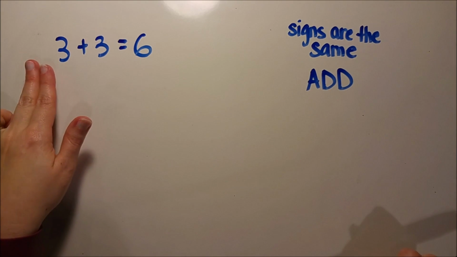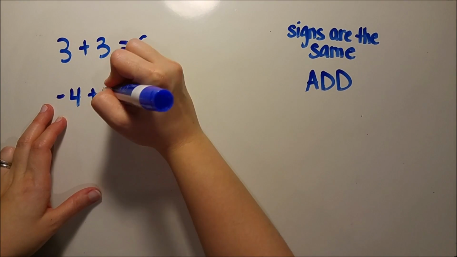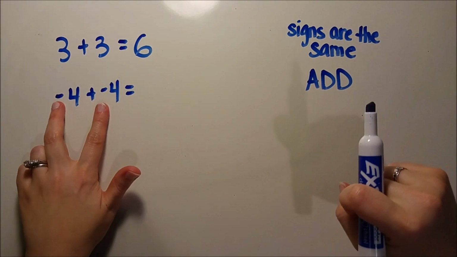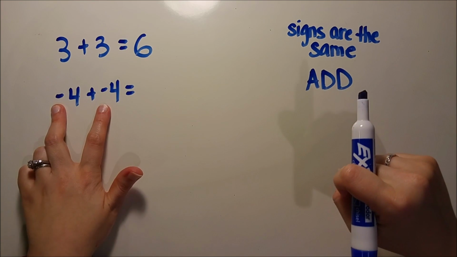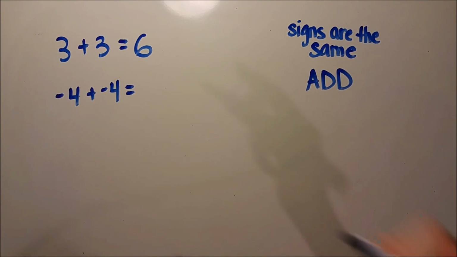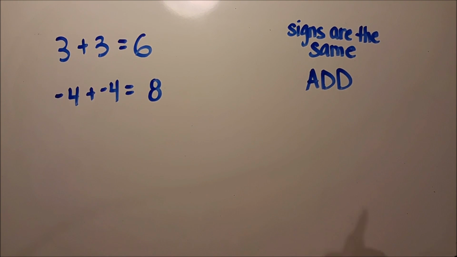Okay, now if we had -4 plus -4, these signs are the same, negative, negative. All right, so we're going to add them. But the answer isn't just 8. Let's think about what negatives are in a real world context.